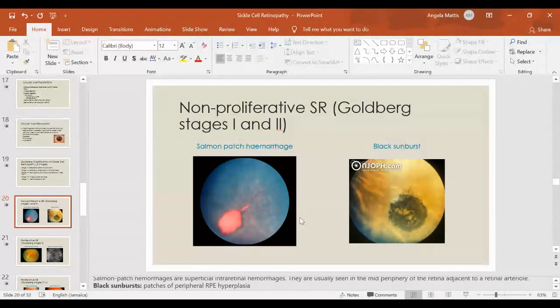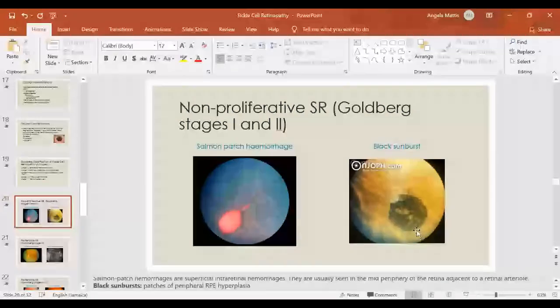Now, when the hemorrhage occurs in the outer retinal layers, it stimulates the proliferation of the RPE. The RPE is the retinal pigment epithelium. So that is why I tell you that it stimulates RPE hyperplasia, because it's pigmented, of course, because it's a retinal pigment epithelium, and so it stimulates proliferation. And this leads to the formation of a dark oval or round chorioretinal lesion.